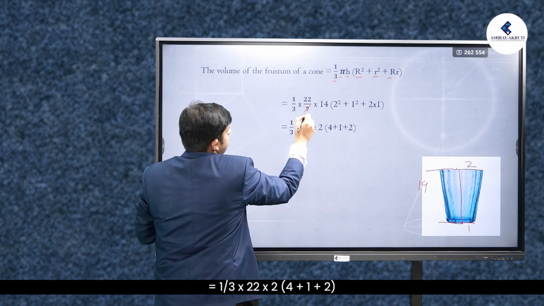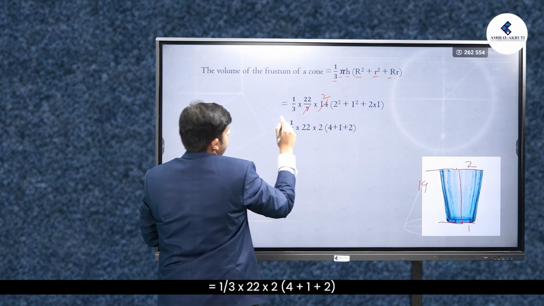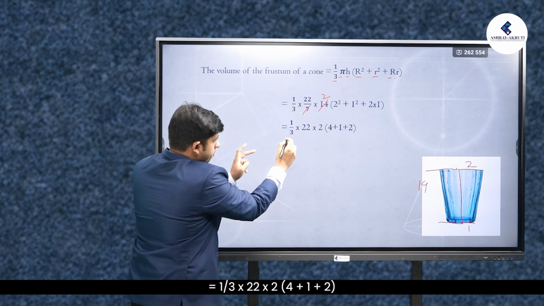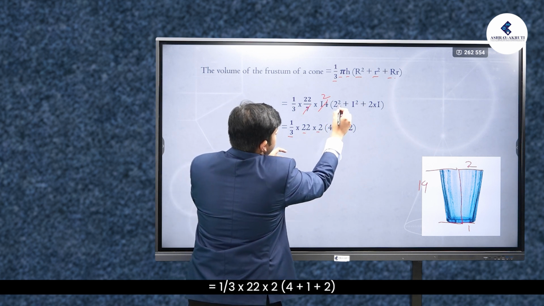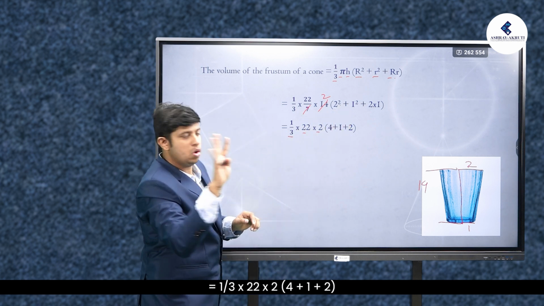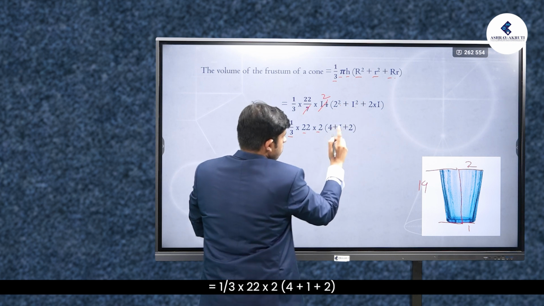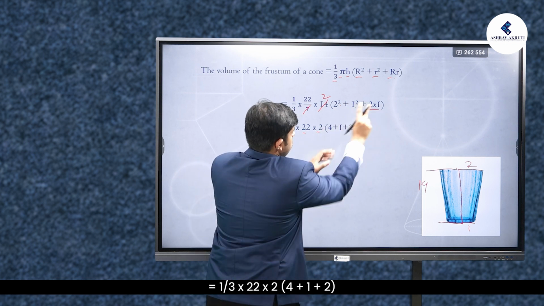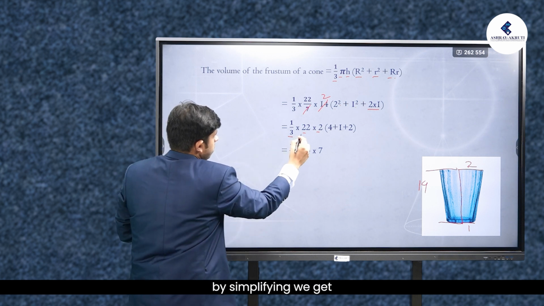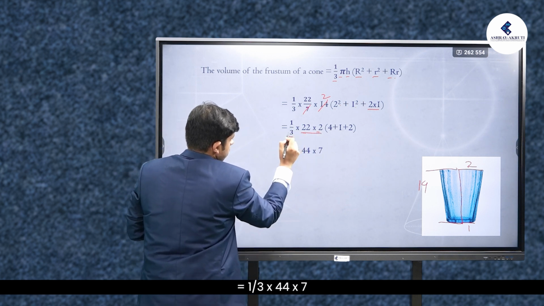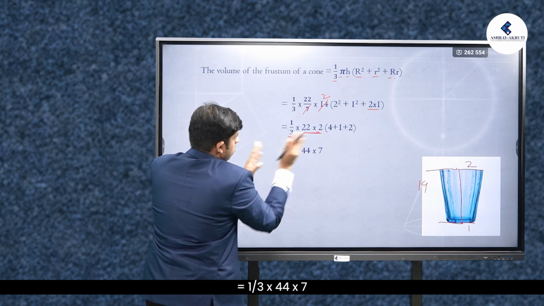That is 1 by 3 into 22 into 2 into 4 plus 1 plus 2. By simplifying, we get 1 by 3 into 44 into 7.